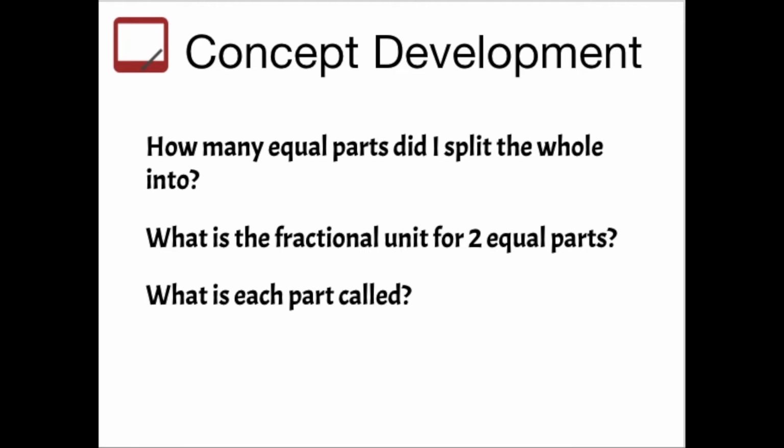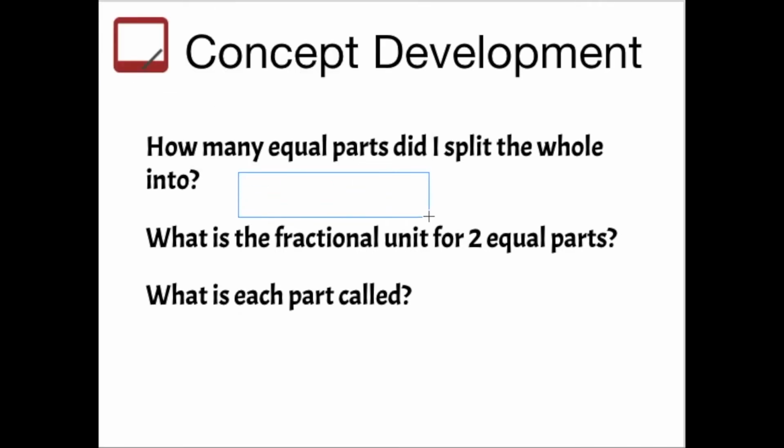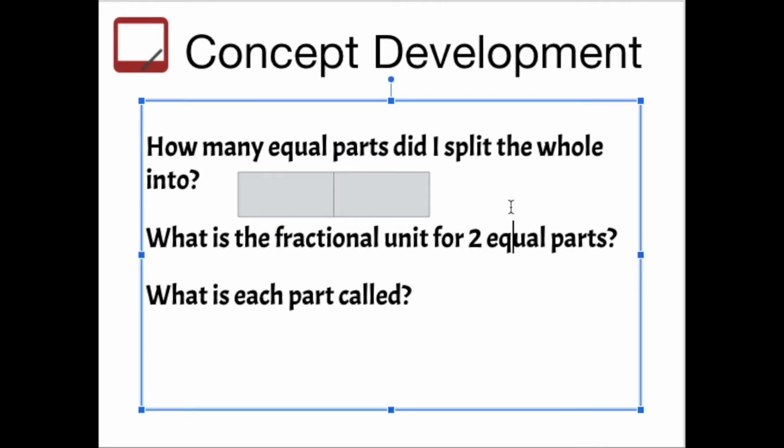How many equal parts did I split the whole into? Let's do a fraction strip. And I'm going to split it right down the middle. How many equal parts did I split the whole into? It looks like I split the whole into 2 equal parts.